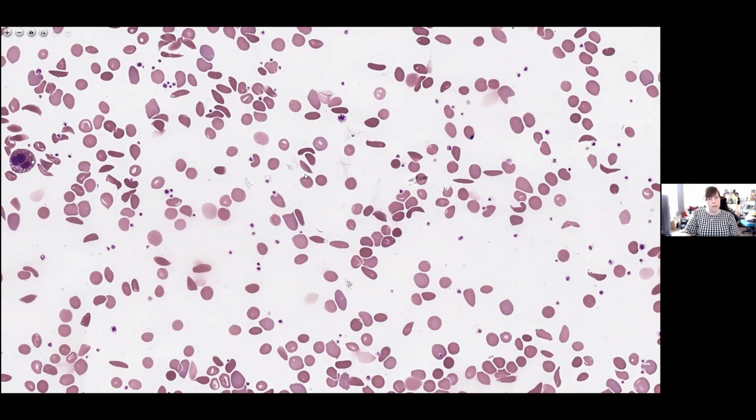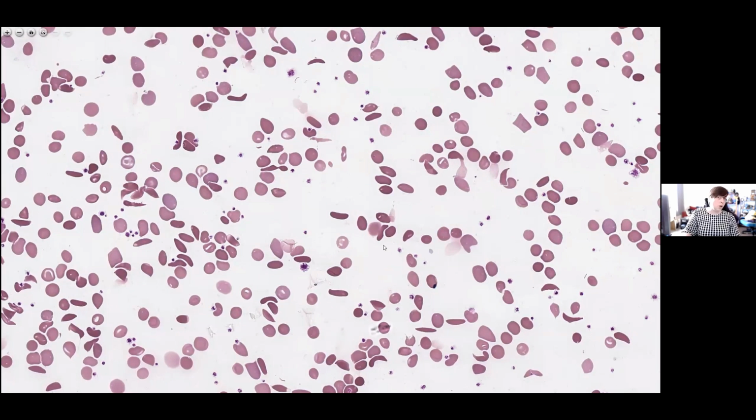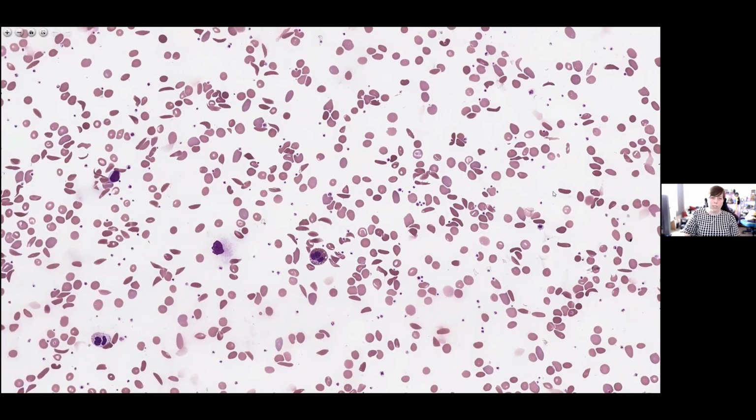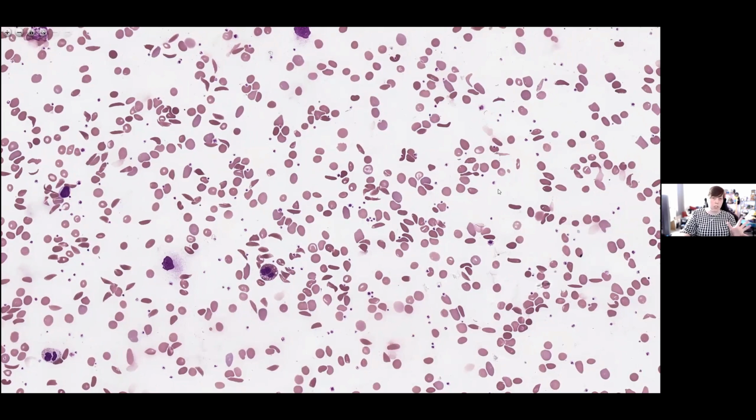So when I was classifying these, I would say that there were marked numbers or numerous, because in looking at one high power field, there are many, many of them. Looking further, it may be difficult to see on a digital scan, but there is marked polychromasia on this field.